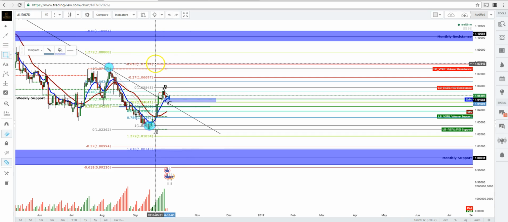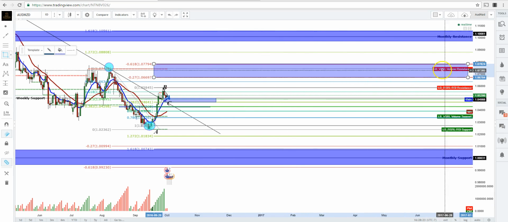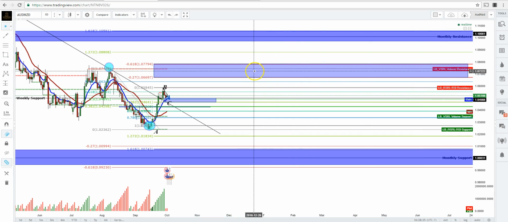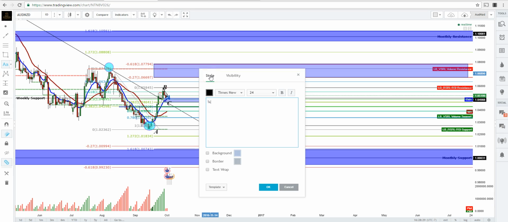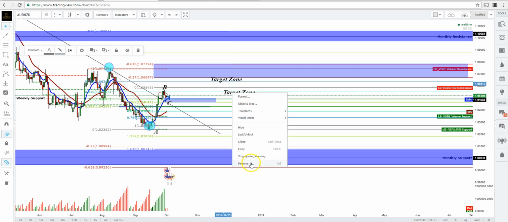But because I have my 127% extension level right here, I'll actually mark this my target zone. This is my target zone on the daily, where if everything plays out how I think it will, I'll be using this to take profit.